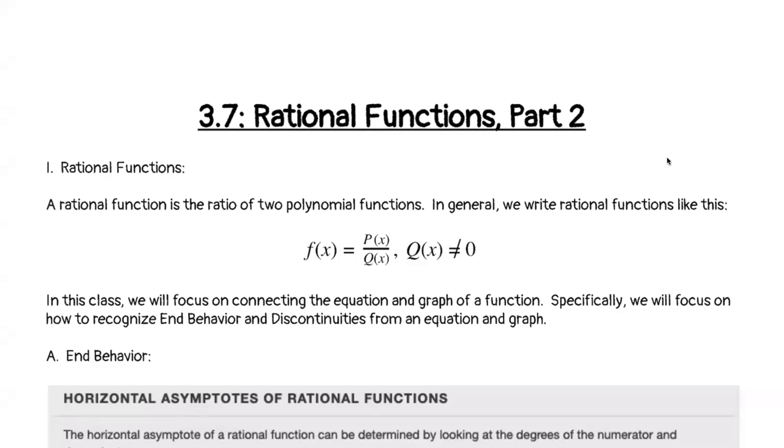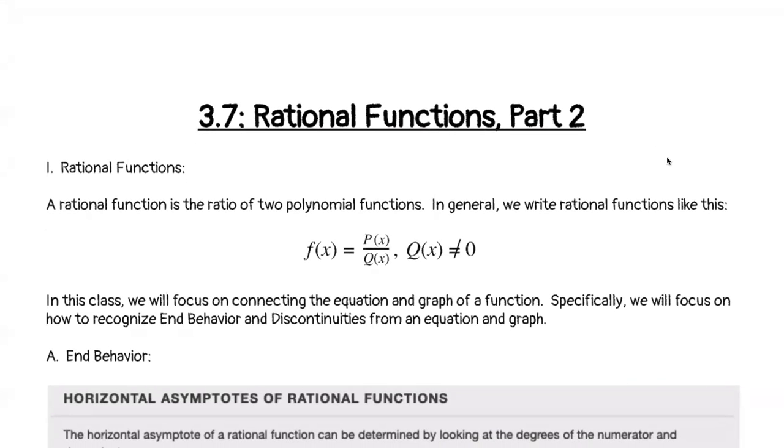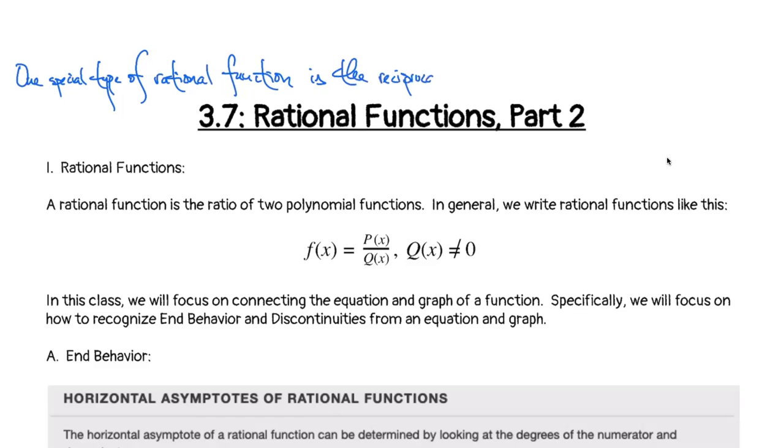All right, so 3.7, we're looking at rational functions. In 3.7 part 1, we looked at a very special type of rational function. Maybe we make note here for ourselves that one special type of rational function is the reciprocal function.